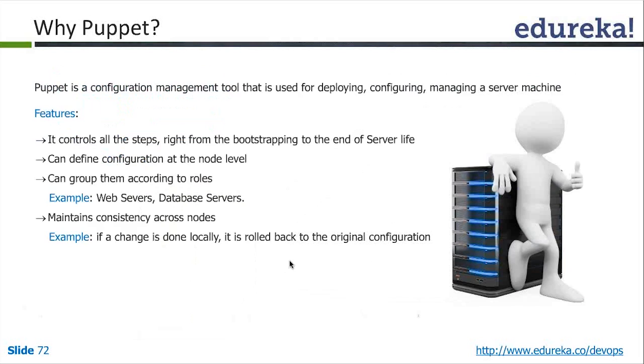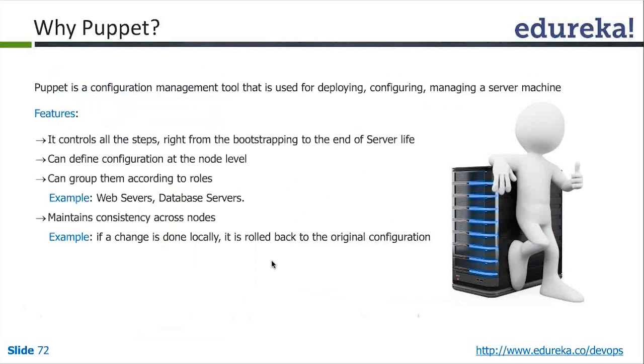It can define configuration at the node level, group nodes according to roles like web server, database server, whatever, and maintain consistency across nodes. If a change is done locally, it is rolled back to the original configuration.